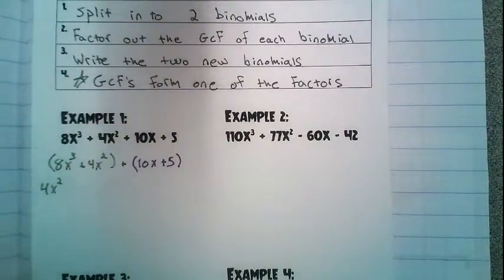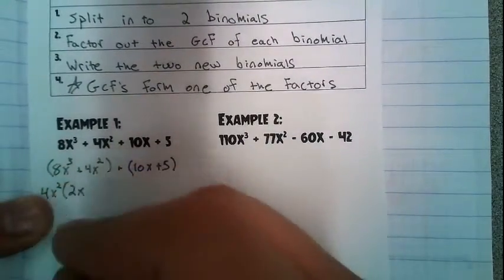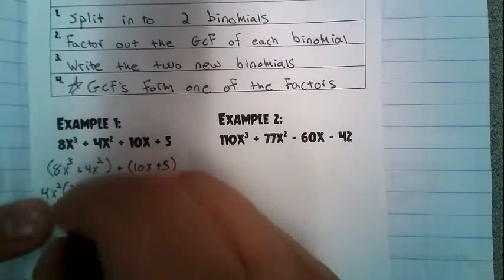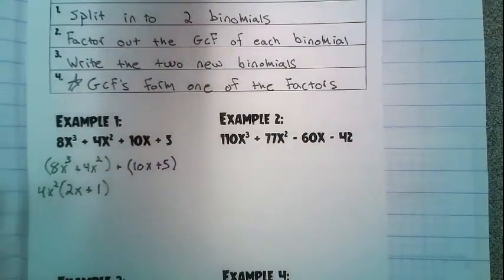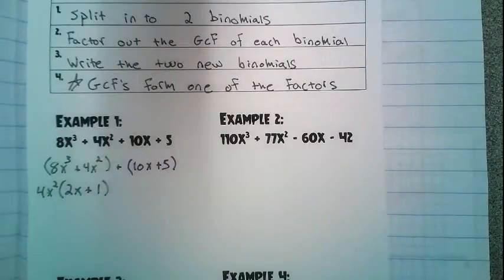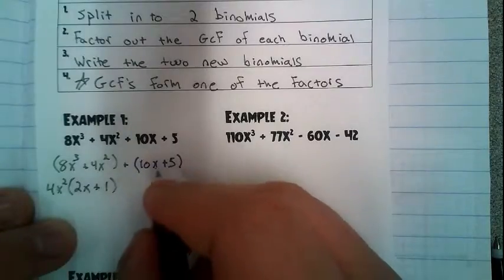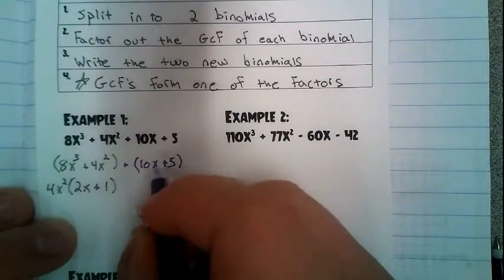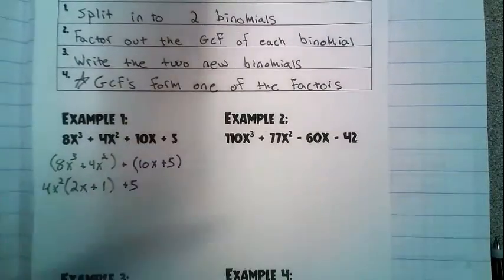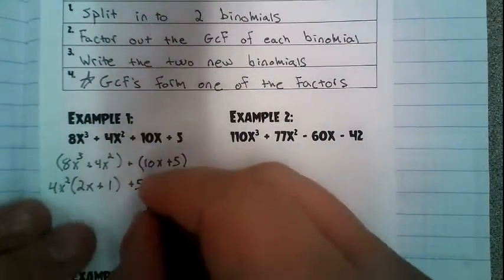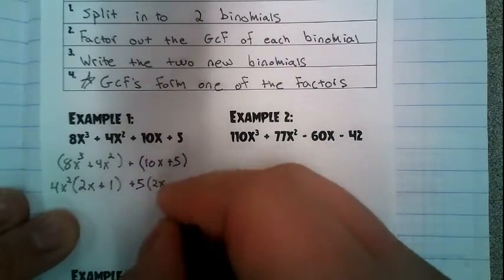When I take that out, I'm left with 2x plus, and 4x squared goes into 4x squared once, so 2x plus 1. Now let's do that with 10x plus 5. The greatest common factor would be positive 5. I'll take out a positive 5, and I'm left with 2x plus 1.